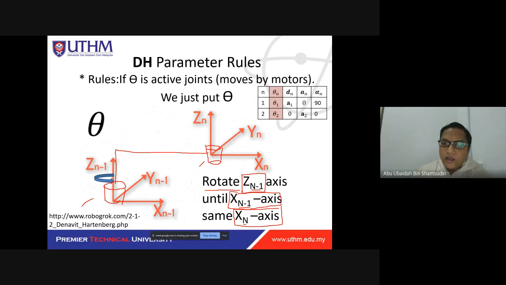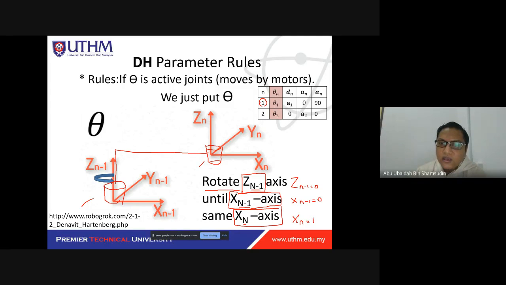Let's say your n is 1. So your Zn minus 1 will be 0. Your Xn minus 1 will be 0. And your Xn exists here, which should be 1. So let's see how we should do this.